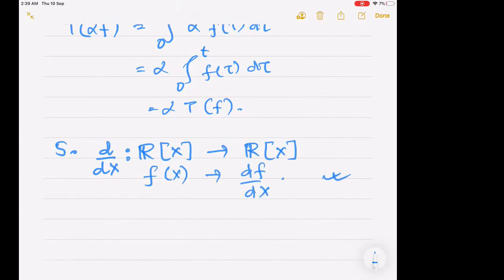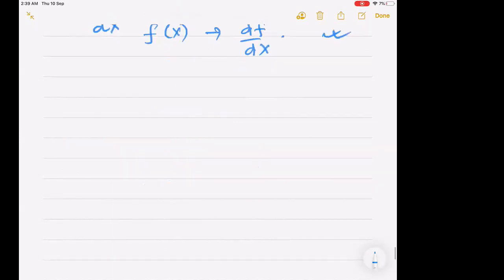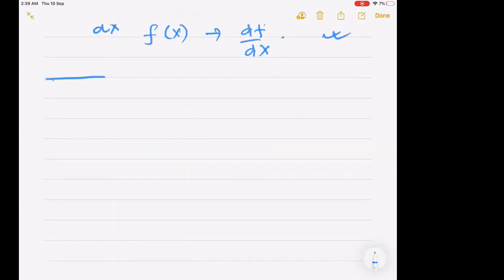Okay. Now, once a linear map is there, there are two natural subspaces associated with a linear map, namely the image and the kernel. So let phi be a mapping from V to W, a linear map.